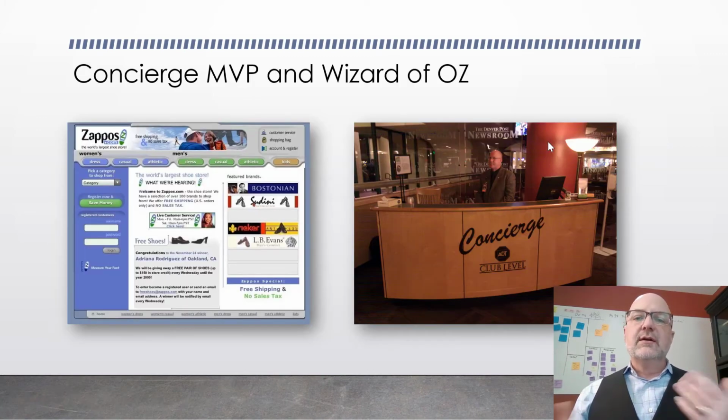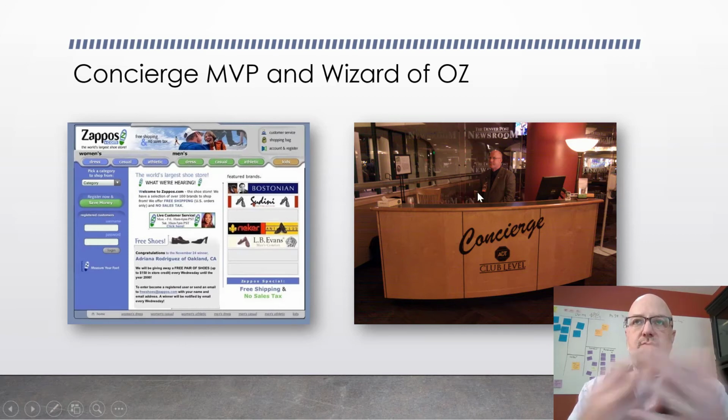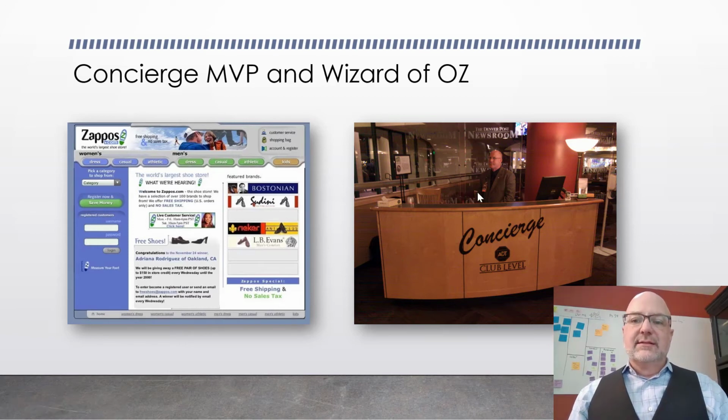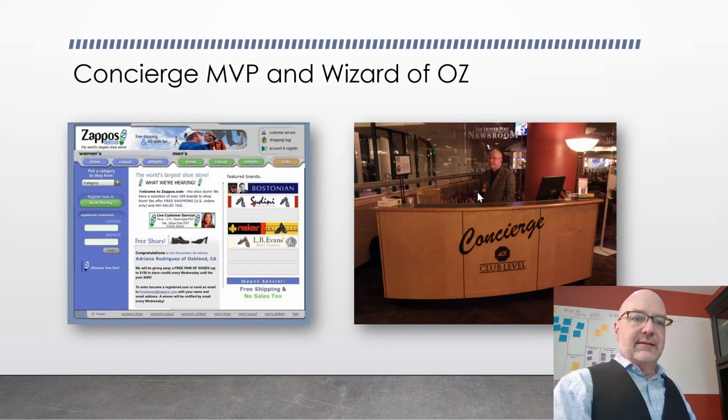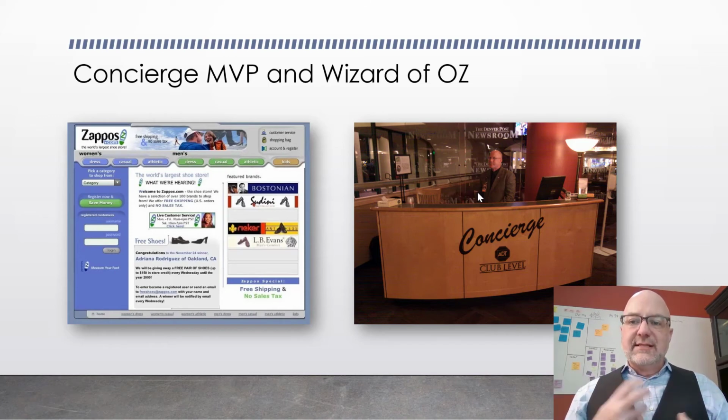Then there's the Concierge versus the Wizard of Oz. They're sort of the same thing. The only difference is the Concierge MVP is the one where you actually know that there's a person. So you ask this person, hey, I need this, and this person actually goes and does that. They're testing out the concept, but you know that there's a person involved. That's the Concierge.